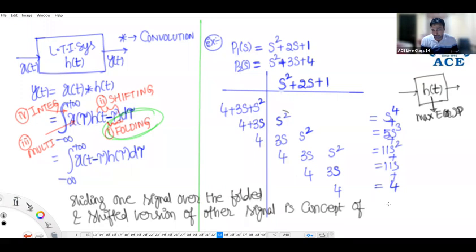Take one signal as it is. Try to fold and shift the other signal. In that process, wherever you will get overlap, that becomes the convolution result. Everyone, please go through the procedure first.